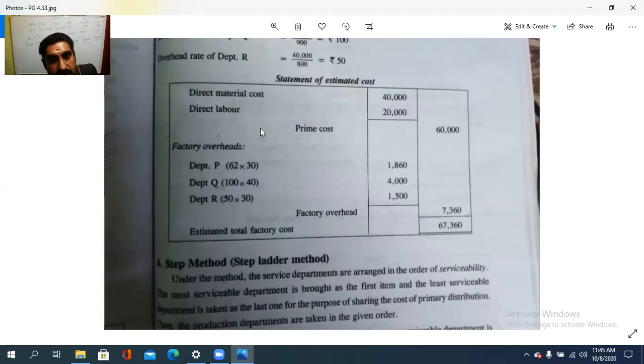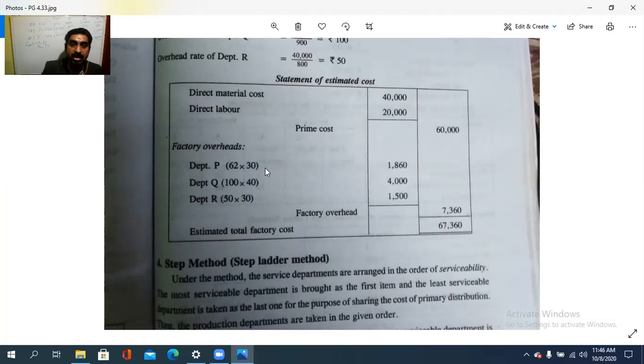See how it is done: 40 plus 20 is 60. Along with that, we add factory overheads: department P, 62 into 30, 1,860; department Q, 100 into 40, 4,000; and department R, 50 into 30, 1,500. So factory overhead is added along with the prime cost, and we get the estimated total factory cost.